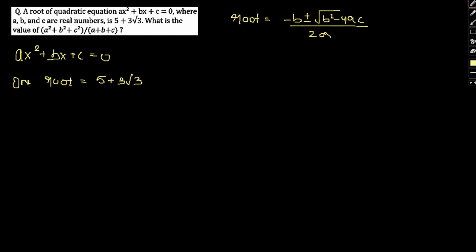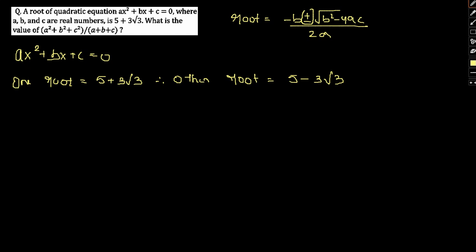So if one of the roots is positive, then the other root will be negative. Okay, so if one root is 5 plus 3 root 3, therefore the other root will be 5 minus 3 root 3. Okay, because this plus minus dynamic has to be maintained in this regard. Okay, so I hope this is clear.